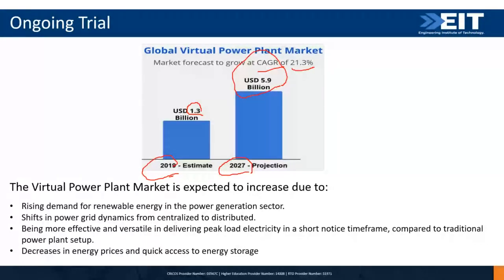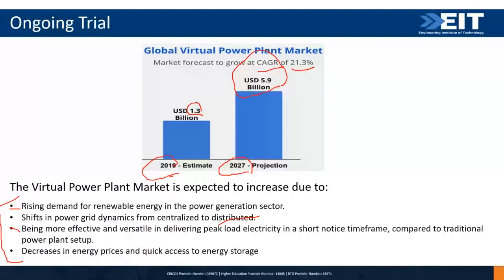Here you can see some of the main reasons for VPP growth in the future. For example, one reason is rising demand for renewable energy in the power generation sector, and the fact that governments are considering strict regulations to promote decentralized or distributed renewable power plants, which are environmentally friendly compared to traditional power plants.